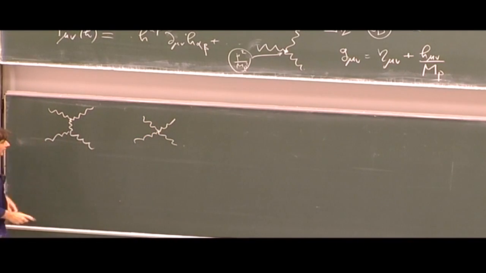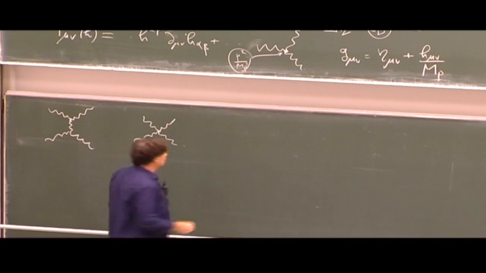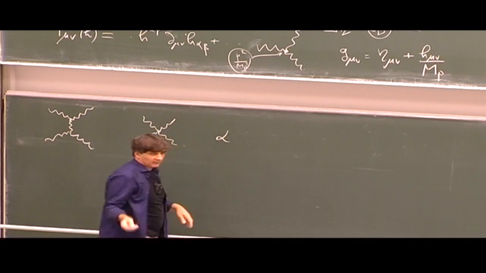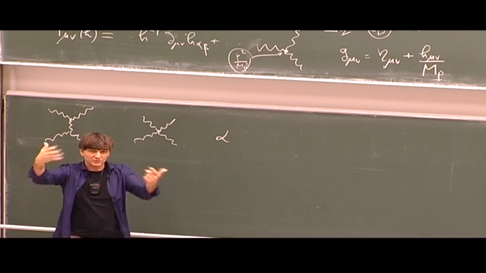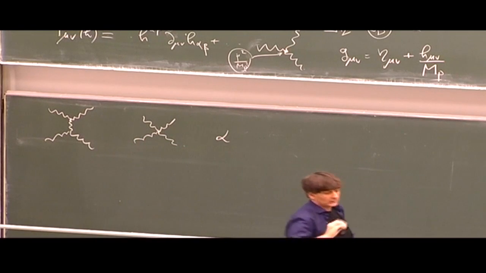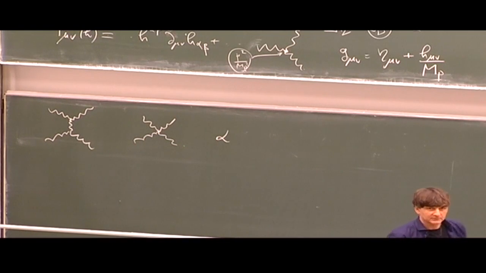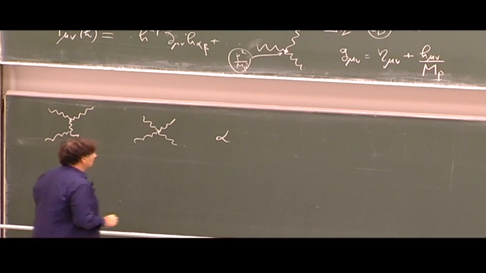In both cases, we can characterize the effective interaction strength by an effective alpha, a sort of analog of the electromagnetic coupling constant, a dimensionless number. It's always good to parameterize the strength of an interaction by a dimensionless number, because at the end of the day, in physics, we compare dimensionless numbers.